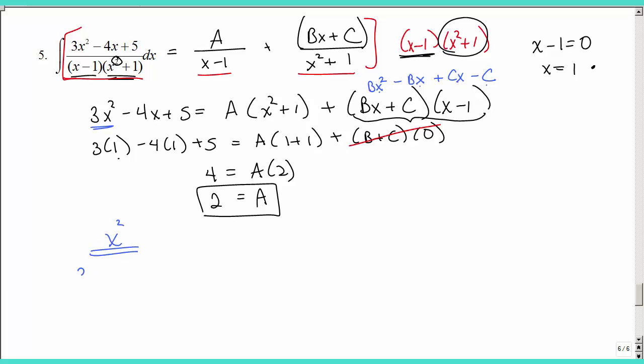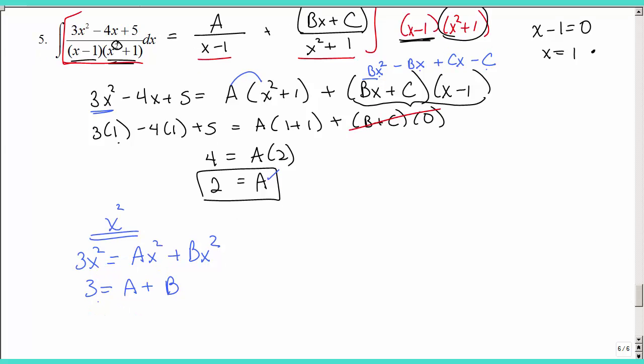So I've got 3x squared on the left, Ax squared plus Bx squared. So I have 3 equals A plus B. Well, this is good news because I have A. That means I can figure out what B is.